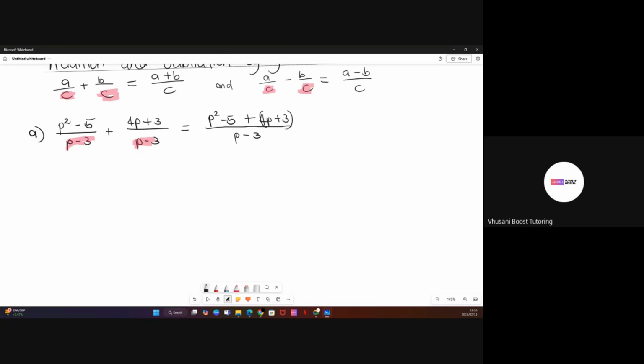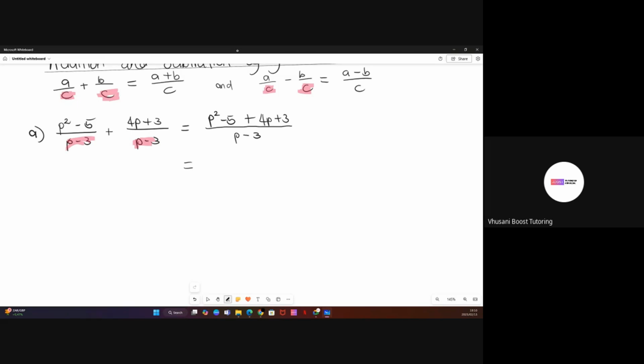I would advise you to write it in brackets, but since it's positive and a positive doesn't change anything, you can just omit the brackets. But with your negatives, with your subtraction of fractions, it's always best to write your brackets, so that you don't make mistakes.